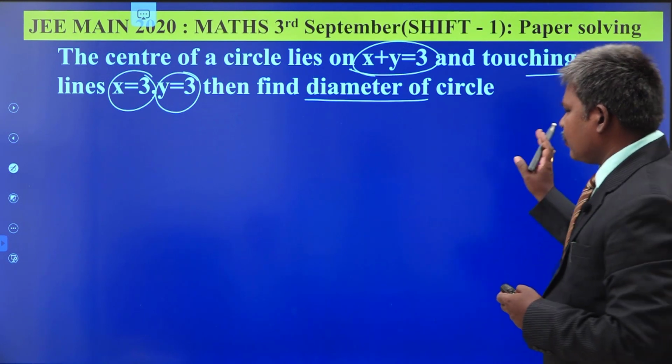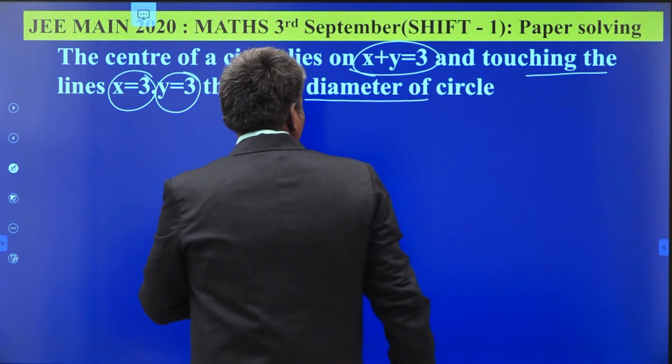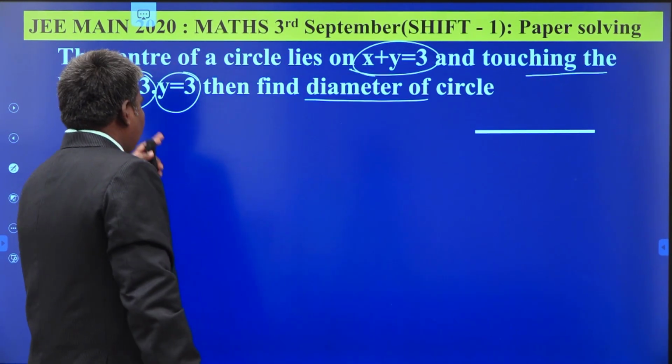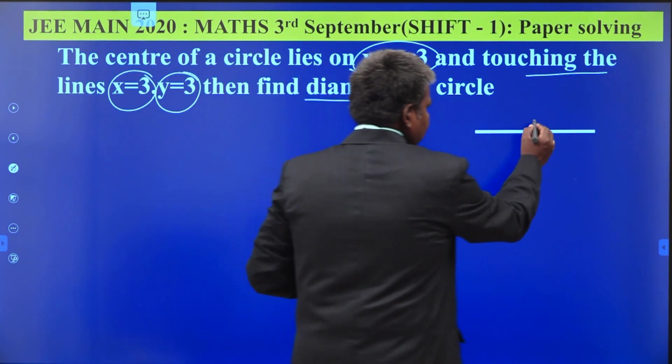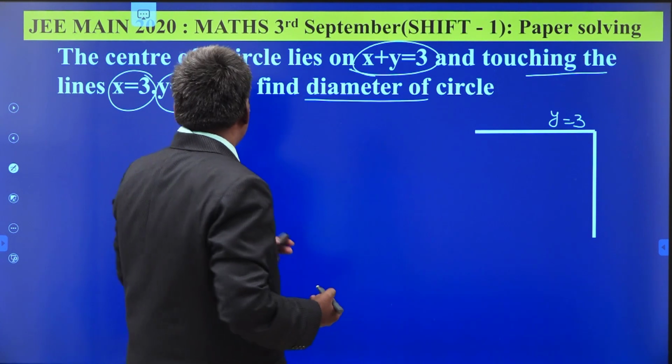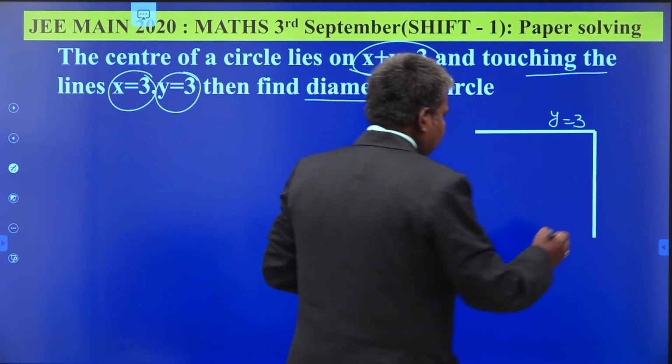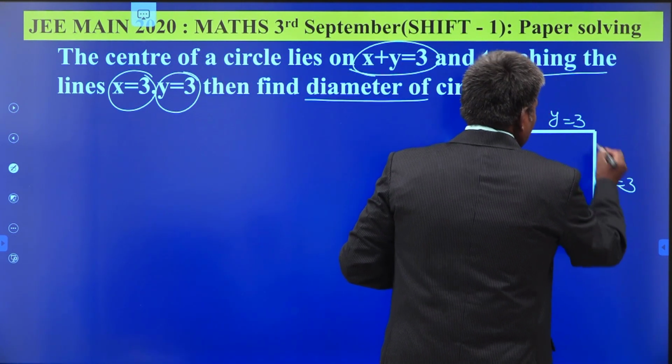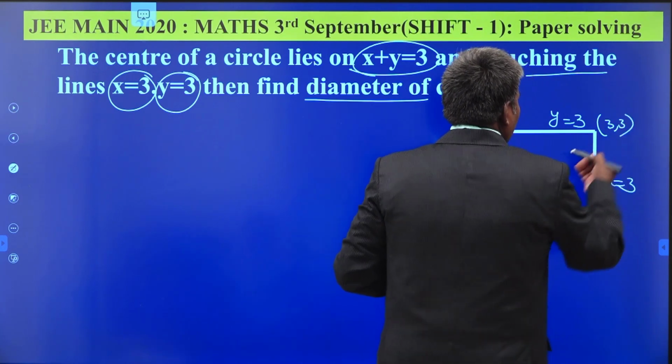See here, I would like to draw the figure first of all. This is the line y is equal to 3, say. And this is the line x is equal to 3. Immediately their point of intersection is 3 comma 3.